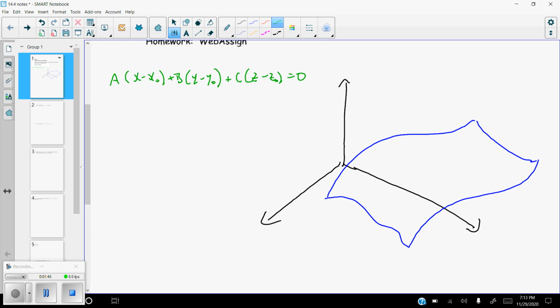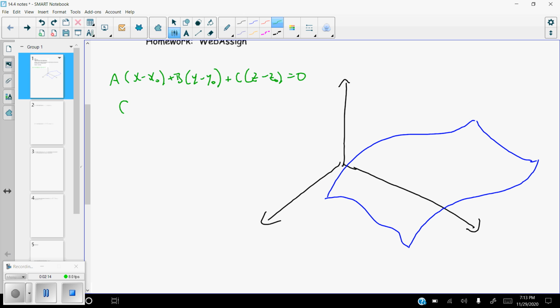If we were to divide every term here by capital C. Actually, no, I take that back. First thing we're going to do is subtract the A term and the B term, so we're going to subtract the x and y stuff to the other side. I apologize for that. Let's go ahead and fix that.